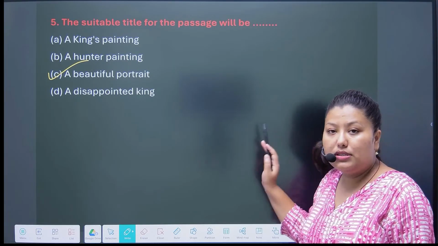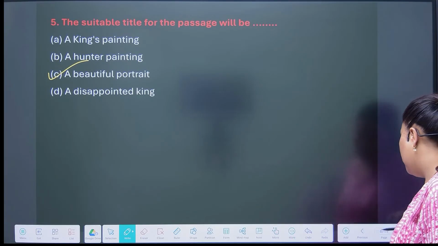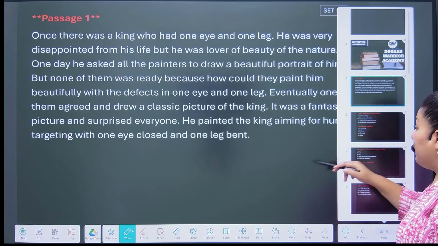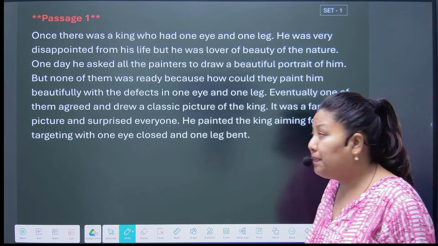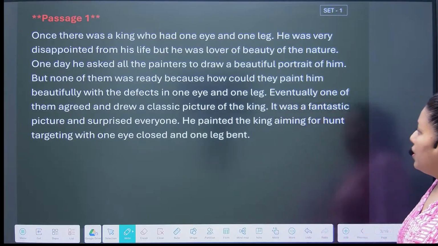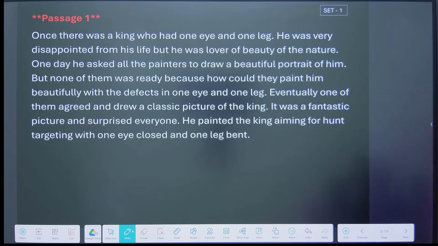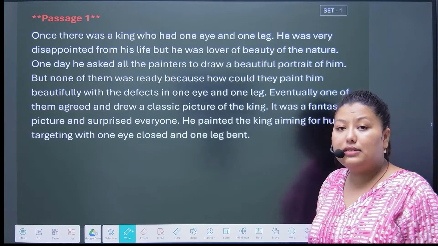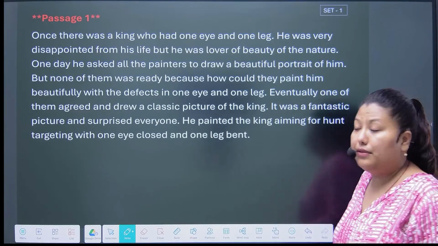So all the questions are done. Now we will see some other questions from the passage which may come in your exam. Okay. So the first question is, what difficult disabilities does the king have?